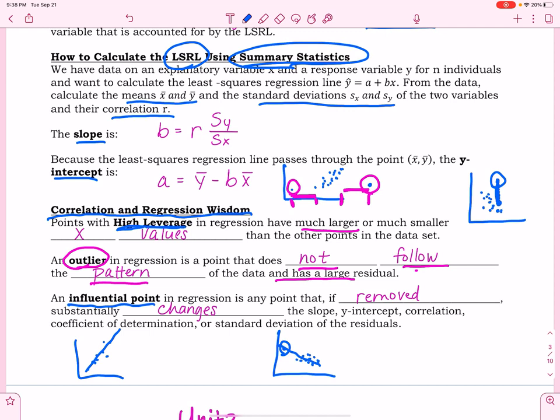So this point is going to give this a higher correlation. All right, but if I take it out, it is going to weaken the relationship, so it would change the correlation. So it is considered an influential point, but not an outlier. It is considered high leverage, though, because it's got space between it horizontally and the rest of the points.